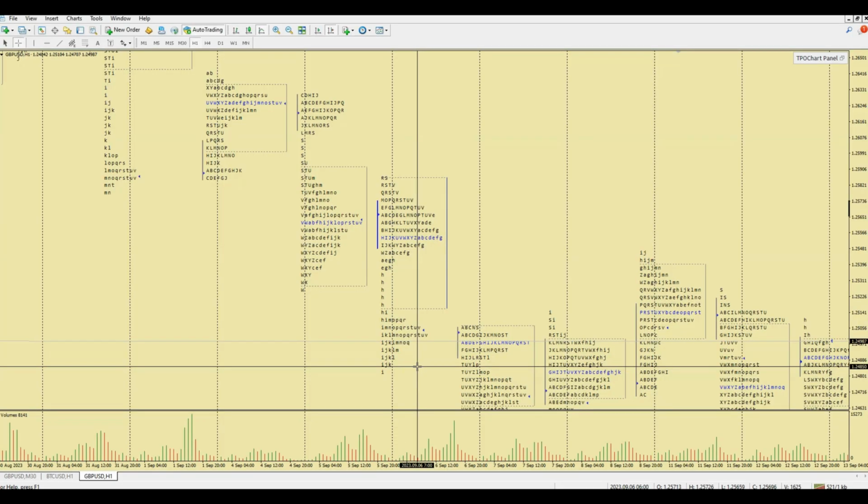Unlike candlesticks, it's not giving you just vertical plane data. With Market Profile, it's giving you horizontal plane data, so you can see the market across time.